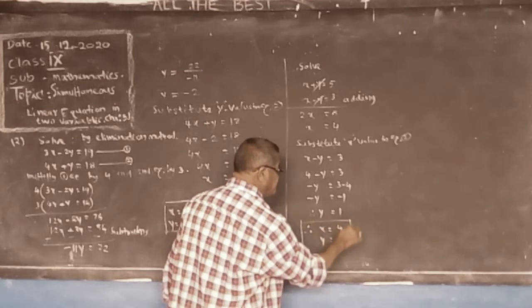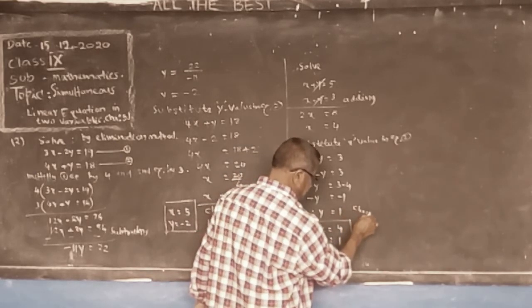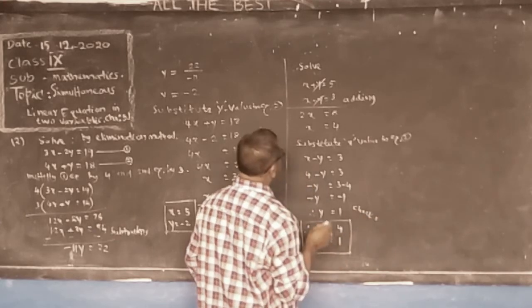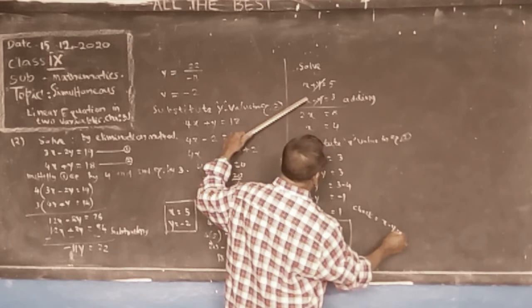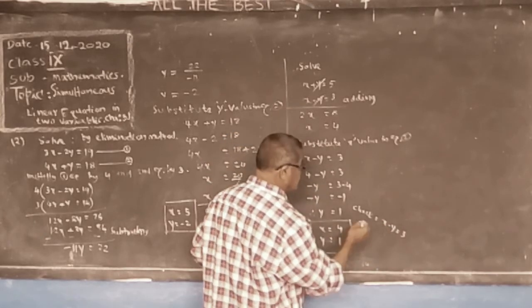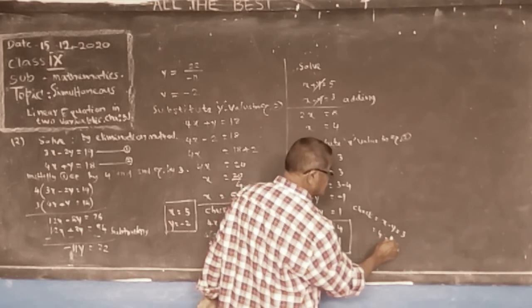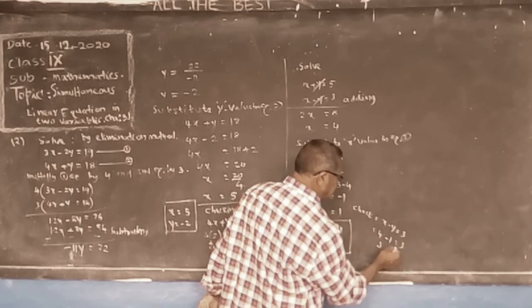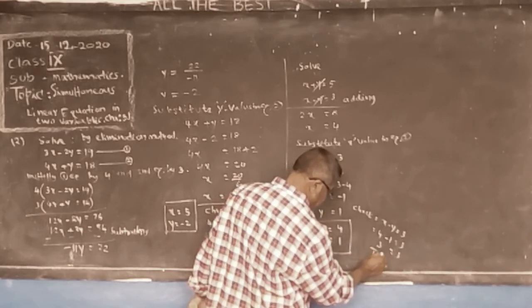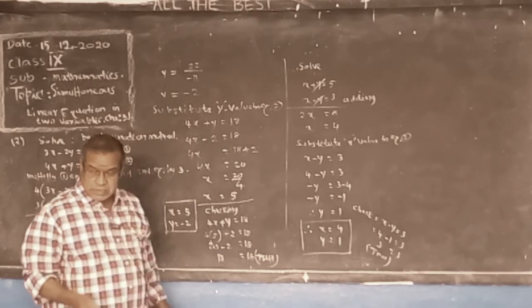Now check. x minus y is equal to 3. The x value is 4 and the y value is 1. 4 minus 1 is equal to 3. 3 equal to 3, this is true. Like this we have to check.